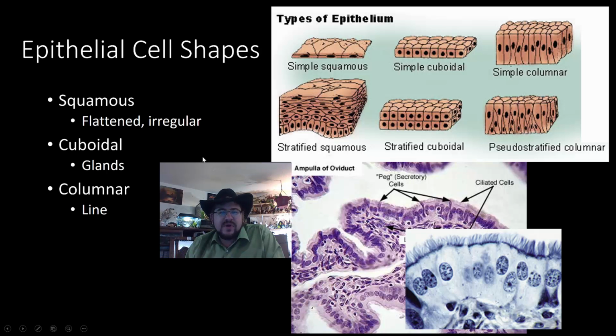Squamous: flattened, irregular cells. Cuboidal: kind of cube-like. They look about the same width as they are high, and they line the glands. The squamous epithelium, I gave the example of the top layers of your skin and your cheek lining. Their function is for protection.